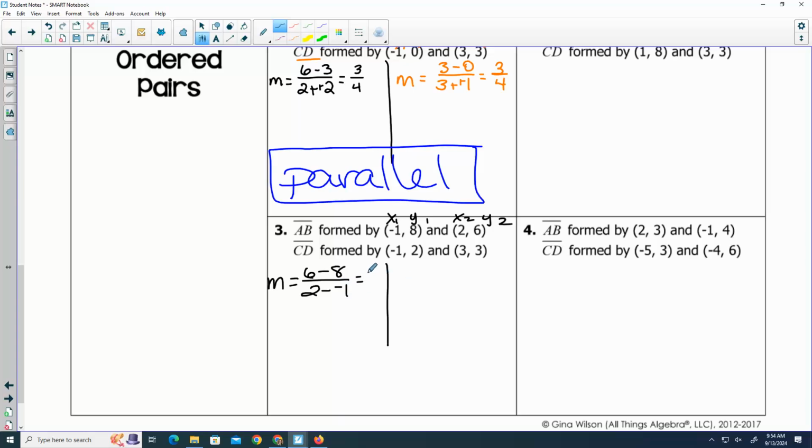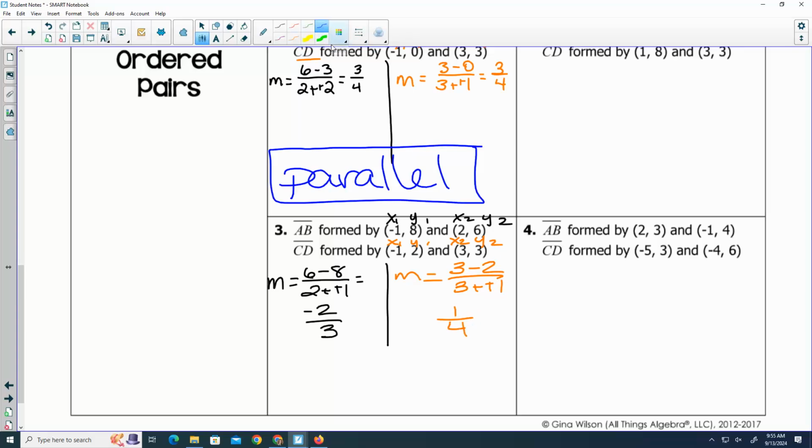So 6 minus 8 is -2 over 2 plus 1 is 3. Do the next one. x1, y1, x2, y2. So 3 minus 2 over 3 minus -1. 3 minus 2 is 1 over 3 plus 1 is 4.